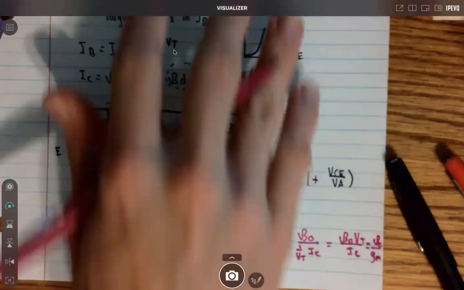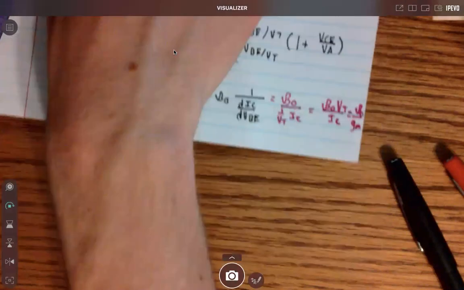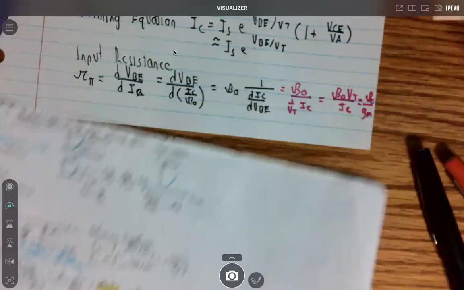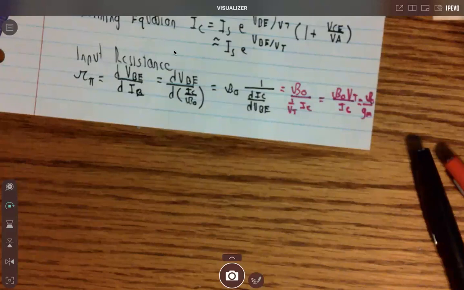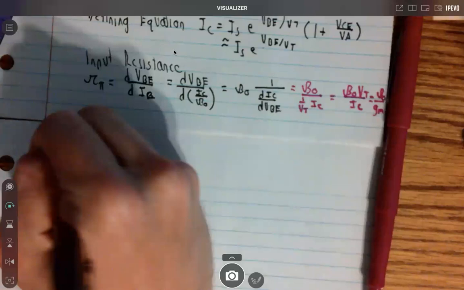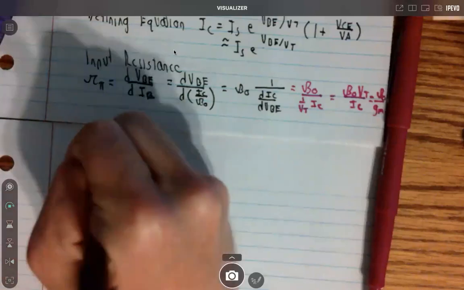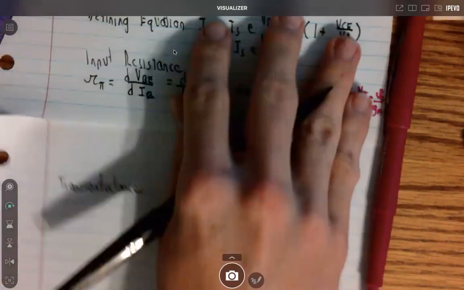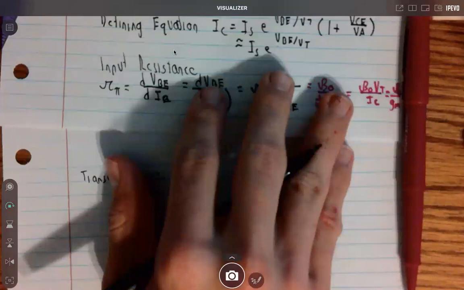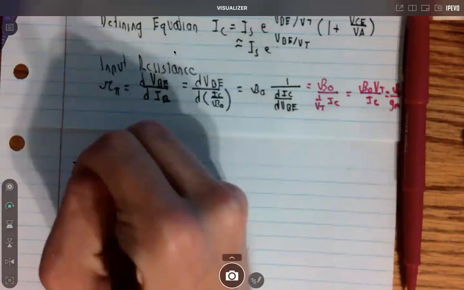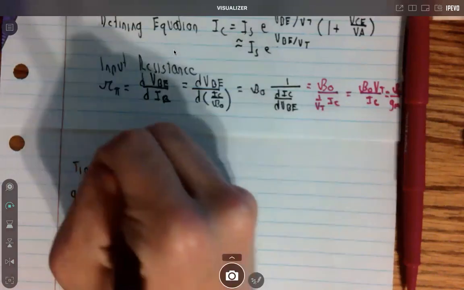And transconductance is given by the current output over the voltage input. So if we look at transconductance, it's going to be given by gm is equal to the change in the current output over the voltage input.